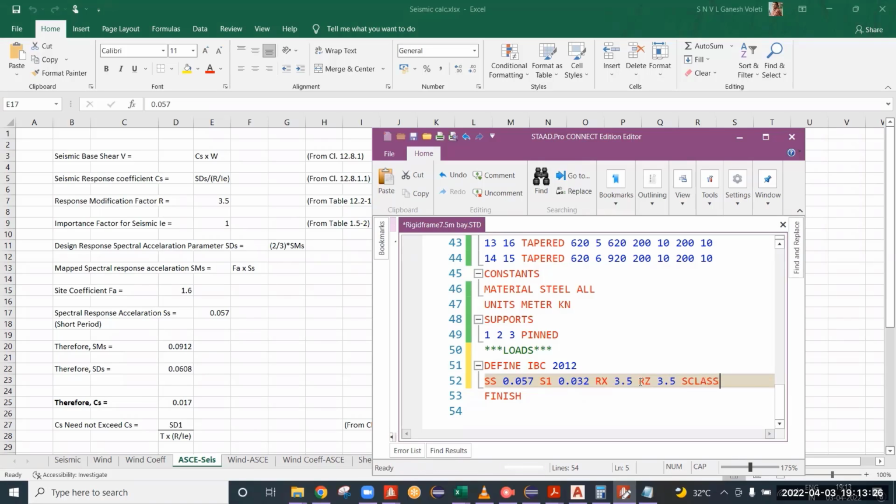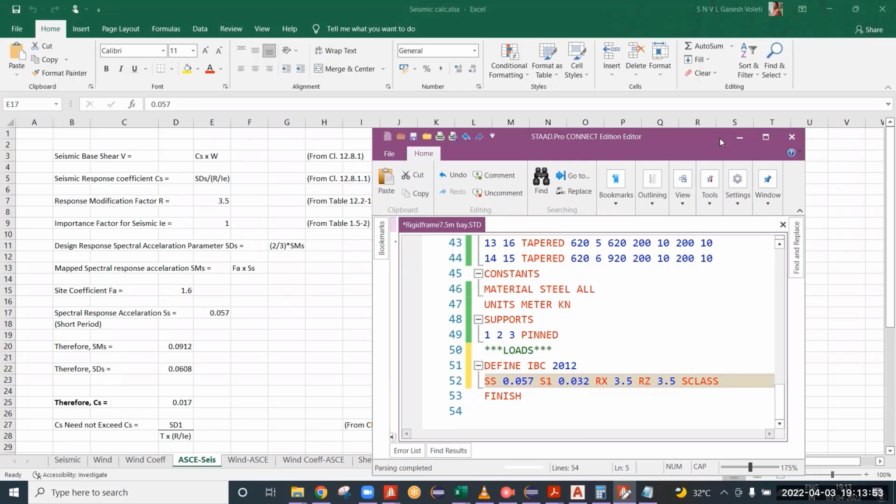S class means soil class. There are certain classes A, B, C, D, E, and F. A indicates hard rock, B indicates normal rock, C indicates soft rock, D is medium stiff soil, and E is loose soil. The American code has defined the soil class like that.